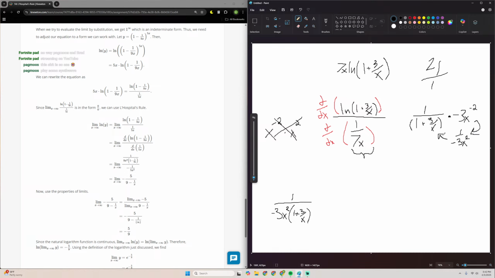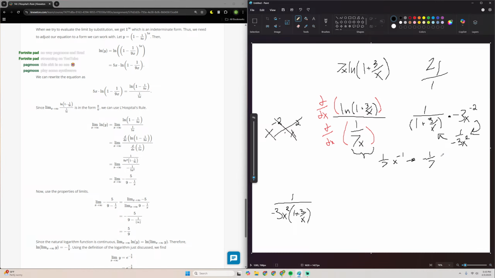Multiplied by this. The derivative of 1 over 7 is just that, times by negative 1, which then turns into negative 7. Yeah, negative 1 over 7, oops, times by x to the negative 2.